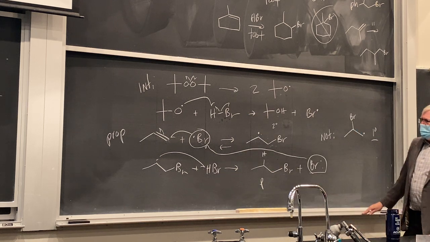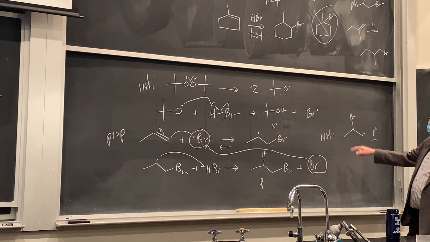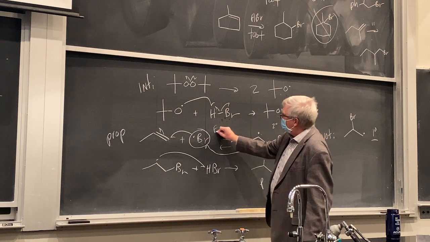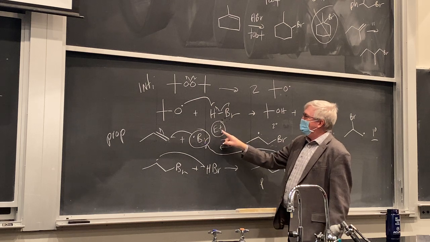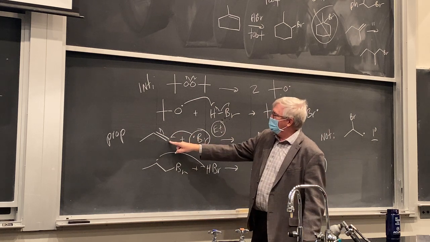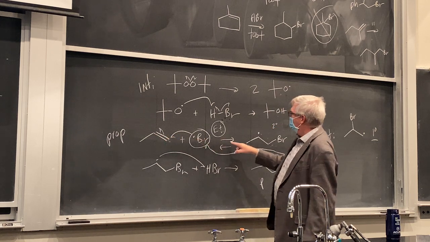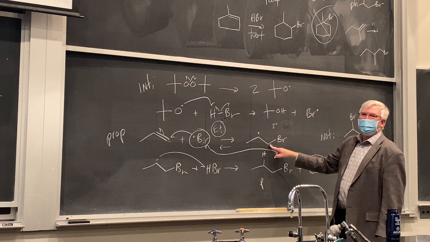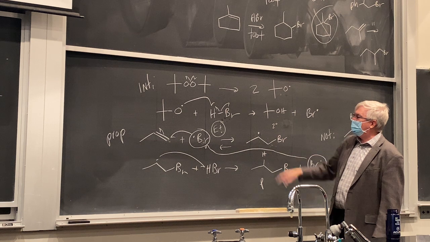So these mechanisms are a little bit more complicated, but I think it helps explain fully why we get the anti-Markovnikov product, right? You can think of this as an electrophile if you want. It's kind of a radical cation. No, there's no charge here. But I mean, before we had always the electrophile going on the end and then the nucleophile going in this position. So in a way, we're putting the electrophilic halogen radical on the end there, okay, to give us the more stable now radical intermediate, okay, which is similar to the carbocation that we saw before.